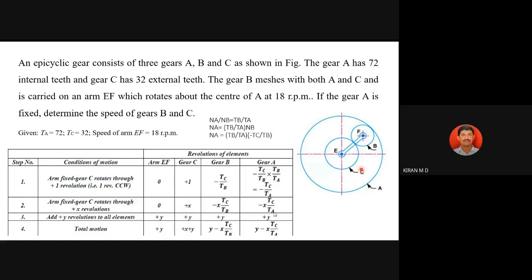You can imagine we can measure the distance from here to here. How? From the pitch circle radius of gear A. The pitch circle radius of gear A is equal to the pitch circle radius of gear C plus the pitch circle diameter of gear B. Correct?